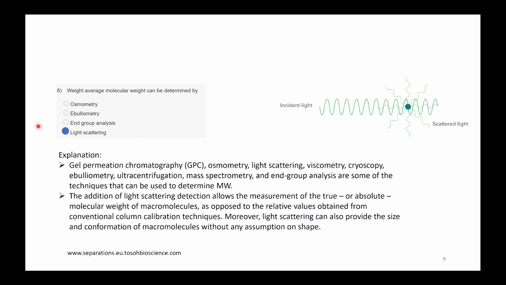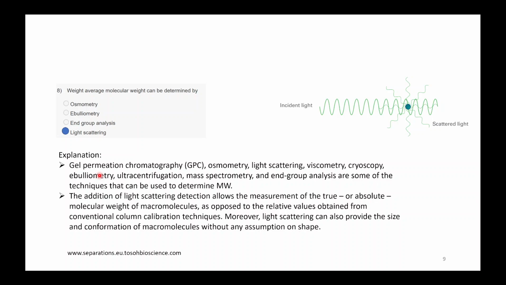And the answer will be light scattering. It can be explained here that incident light, these macromolecules, depending on their weight, scatter the light. So this is used in this light scattering mechanism.